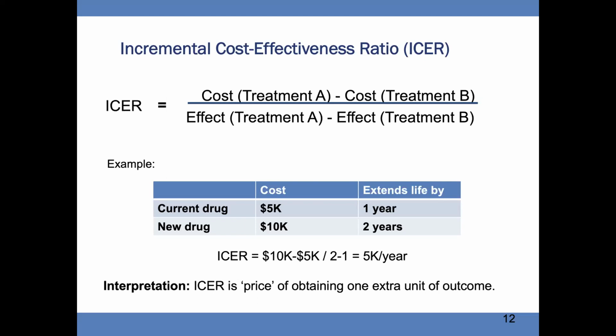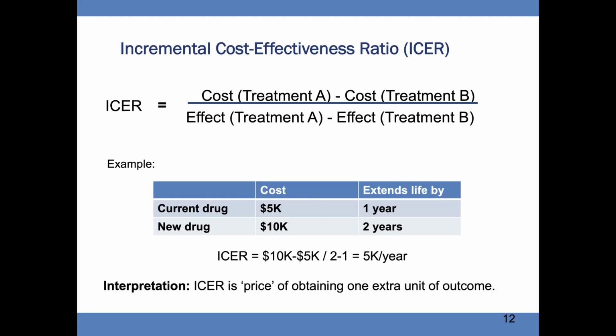In terms of calculation, ICER is just a ratio between the difference in cost of the two interventions or two treatments, divided by the difference in the effectiveness between the two treatments. So on the top is the difference in cost, and on the bottom is the difference in the effectiveness.